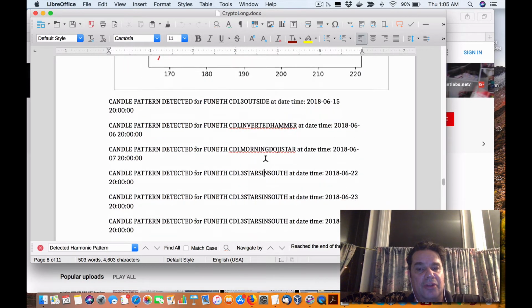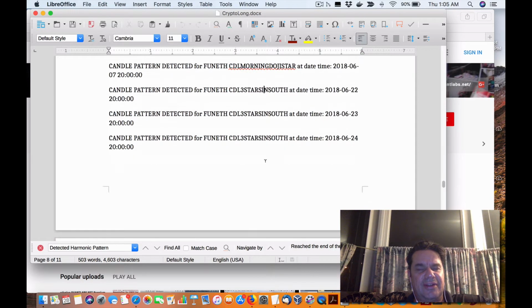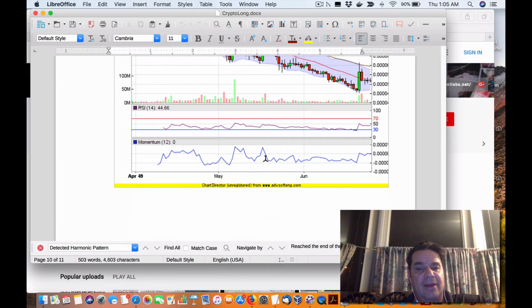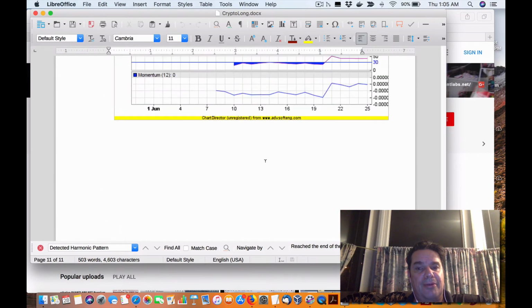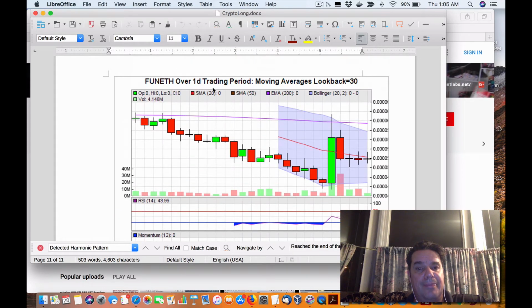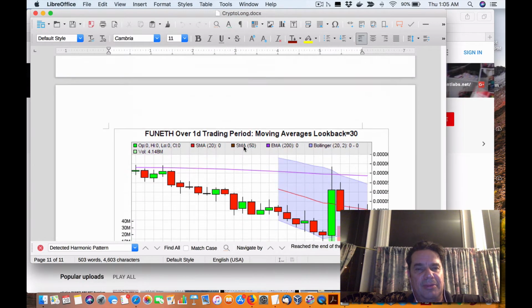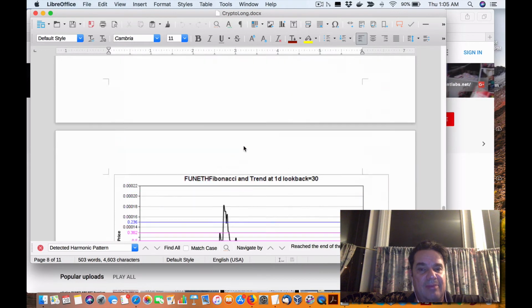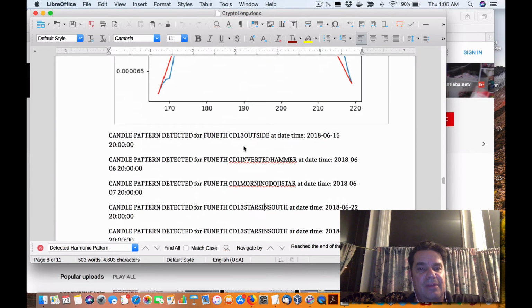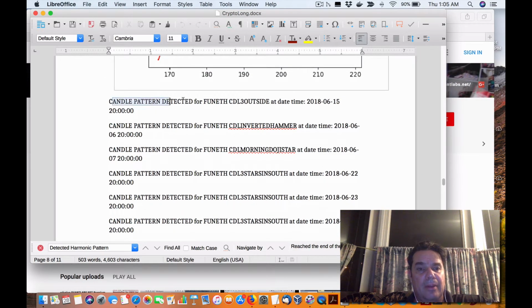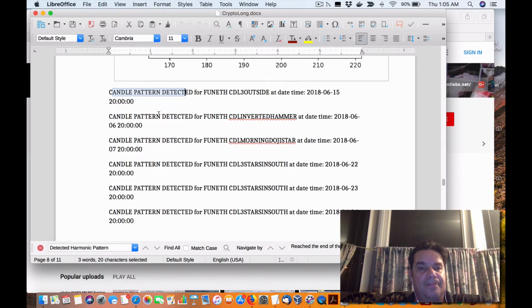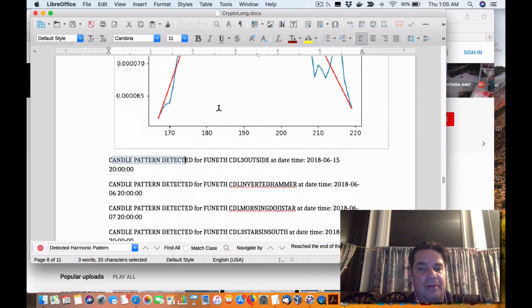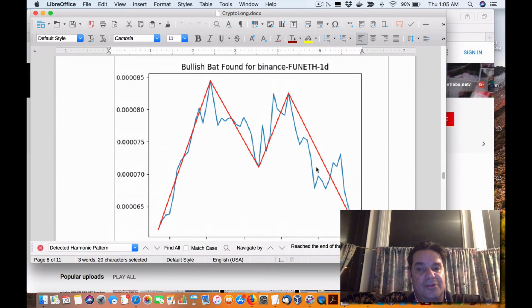And if you want to make references to these, all you've got to do is come down to the 30-day bar chart, and you'll be able to make reference to them. But let me get to that point. So we do have the ability now to detect candle patterns. These are traditionally for market reversal, and this is also for market reversal.